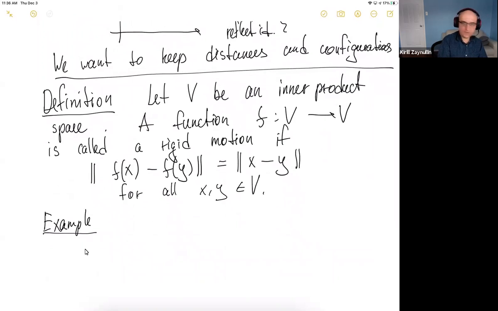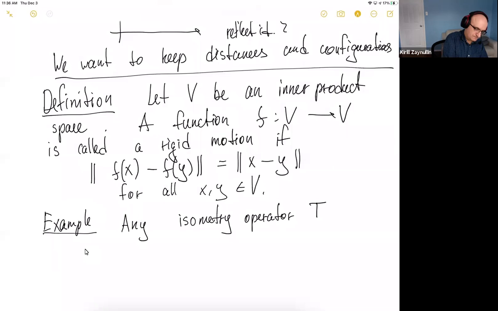So what can we do? Well, first of all, any isometry operator T provides an example of such a rigid motion. Well, why does it do the job?